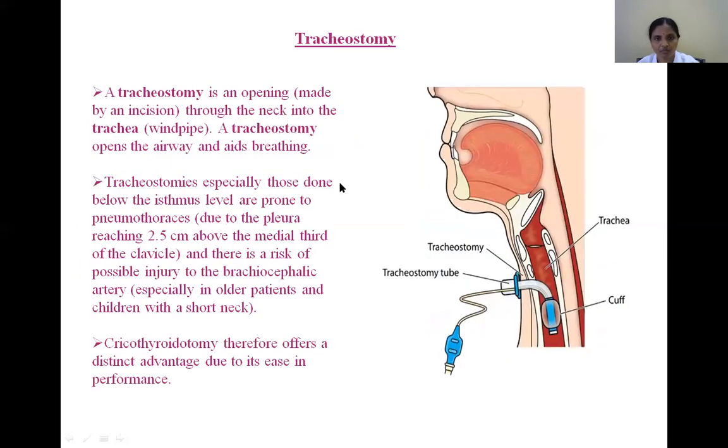So tracheostomy means an opening made. Why? Because in acute respiratory distress, meaning obstruction, they will introduce a tracheal tube, for which they should open the trachea. So that is otherwise called tracheostomy. Clear?